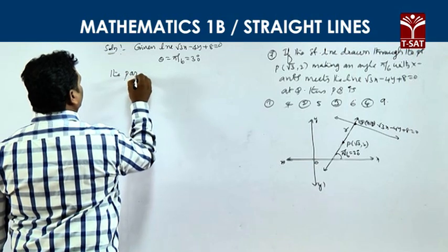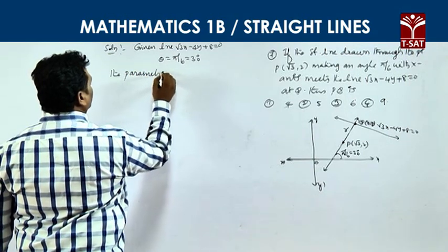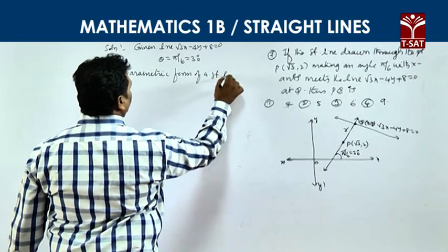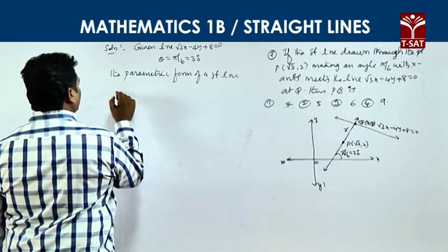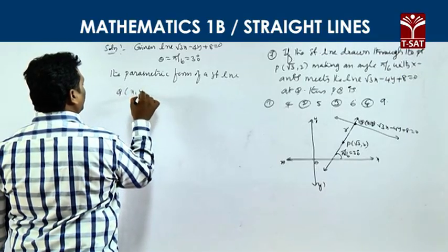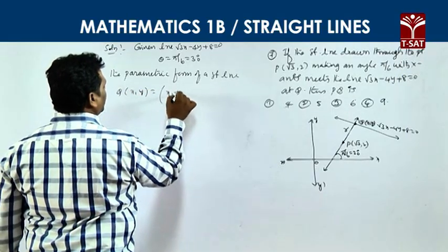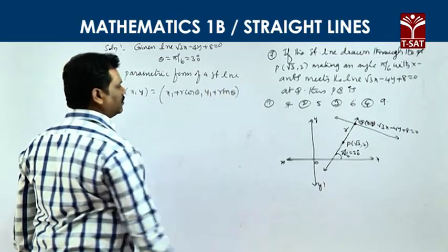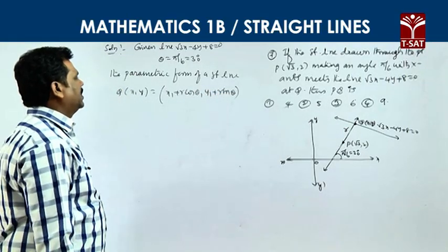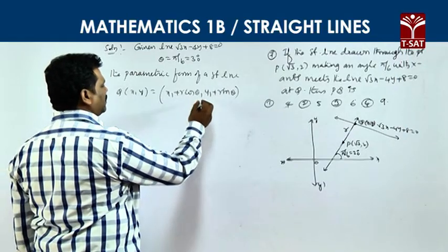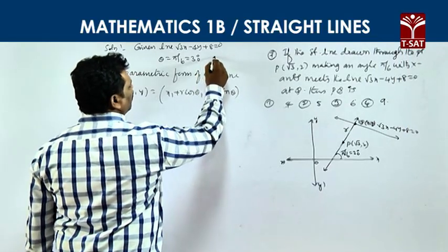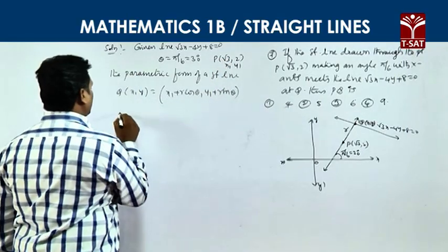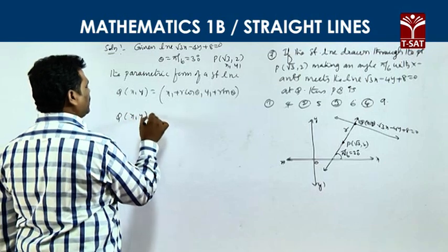The parametric form of a straight line is Q of x comma y equal to x1 plus r cos theta, y1 plus r sin theta. Using the parametric form, here the given point is P of root 3 comma 2. This is x1, y1. Substituting here, we have to find Q of x comma y.